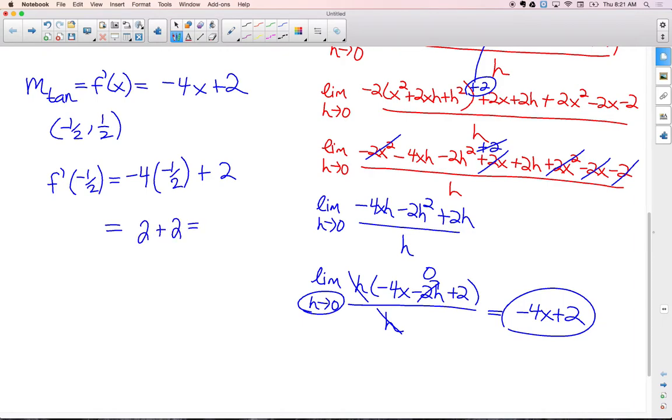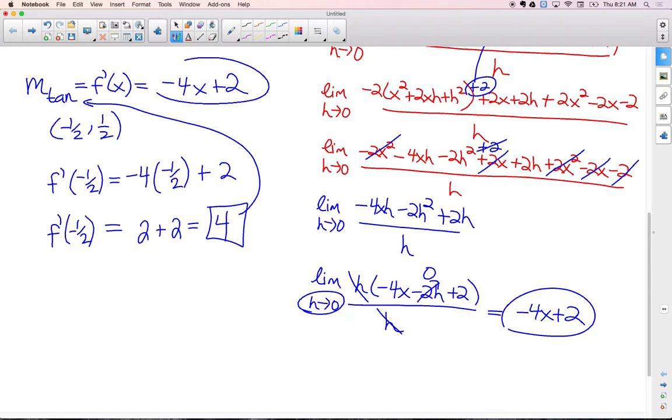So therefore f prime of negative 1/2 is equal to 4. There's your slope of your tangent line. That's what the derivative does. It calculates the slope of the tangent line at specific points. You just plug into the equation that calculates the slope of every tangent line on the graph.